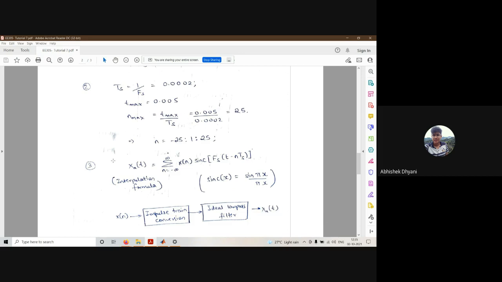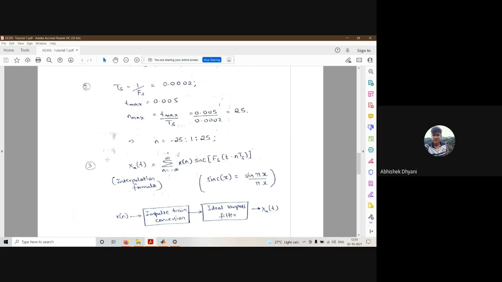And when we are using this ideal low pass filter, the interpolation formula can be given as this. So we can say that this two-step procedure can be written like this, where the sinc function is used. This is also known as the interpolation formula. And this sinc function is basically sine pi x by pi x, right?